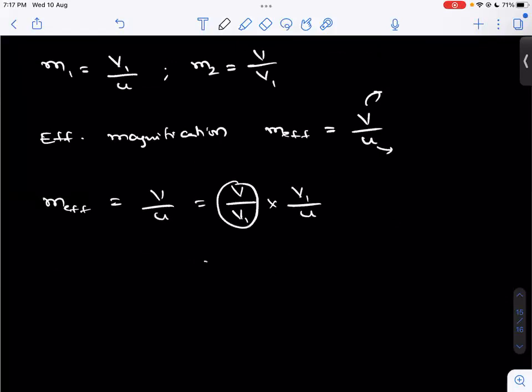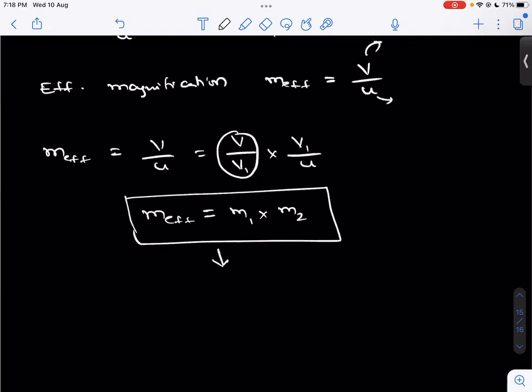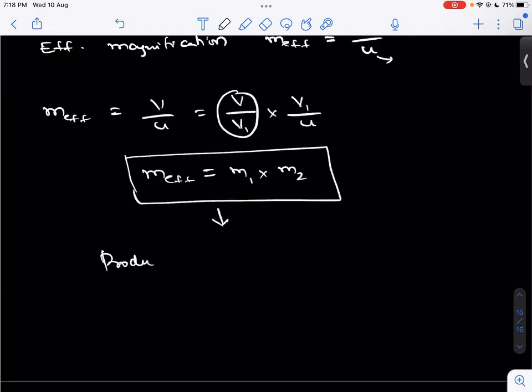And v by v1, we know, is the magnification produced due to lens 1, and v1 by u is the magnification produced due to the second lens. So the effective magnification when the lenses are in contact with each other is going to be the product of the individual magnifications.